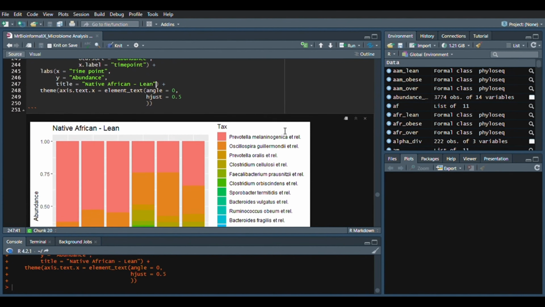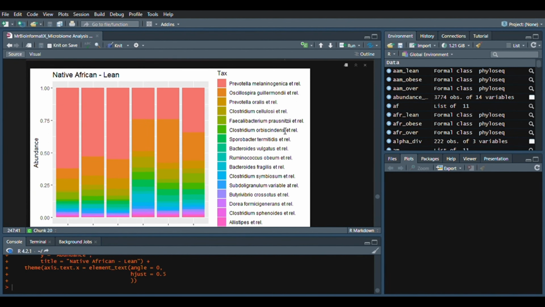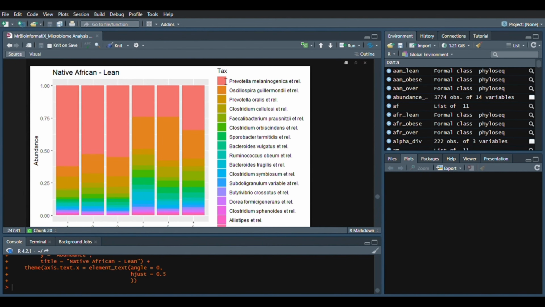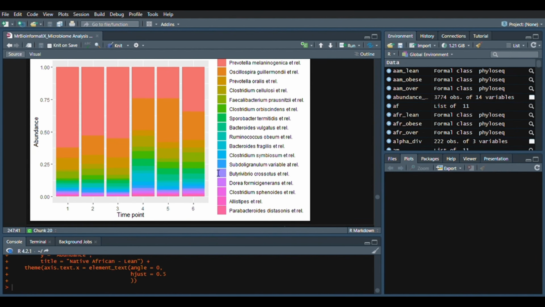And here we have it. We got our plot with many taxa. As you can see, each taxon represents a color. For example, here the red is the Prevotella melaninogenica, and Clostridium is this green, and so on. So we have the abundance, and we have the time point.